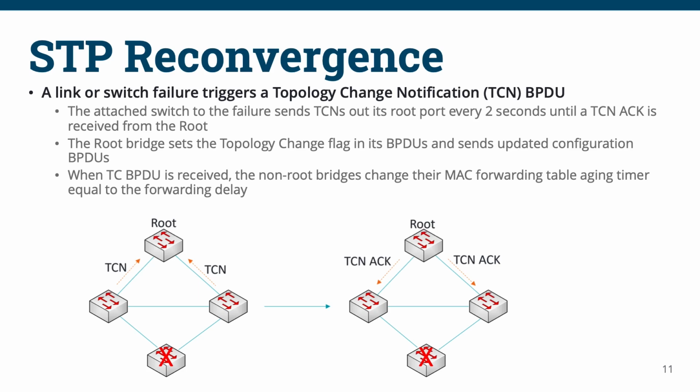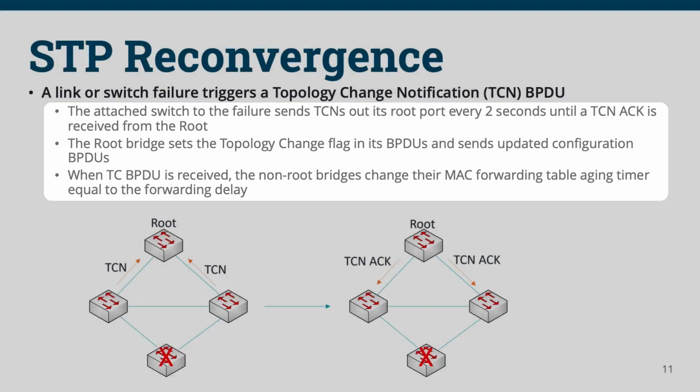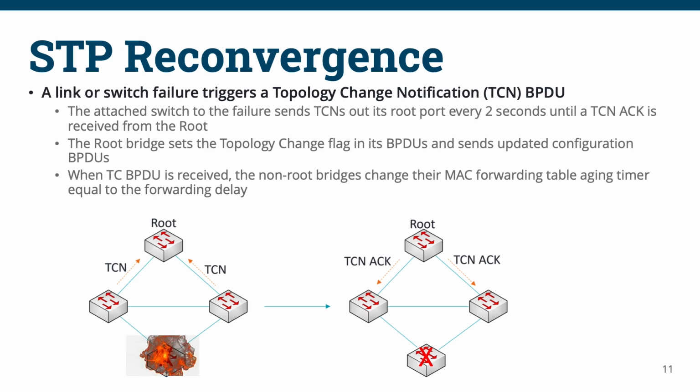If you weren't aware before, a topology change is describing a bridge or link failure, causing the spanning tree topology to change. In that case, the process described here is followed. The bridge attached to the failure will transmit a topology change notification, or TCN, every 2 seconds until it receives an acknowledgement from the root.